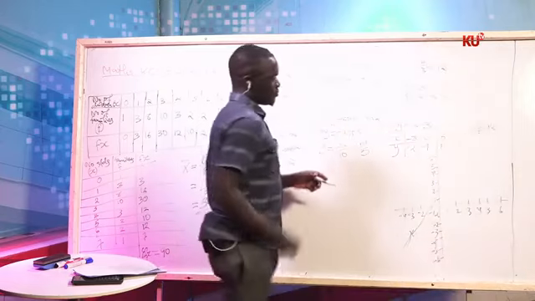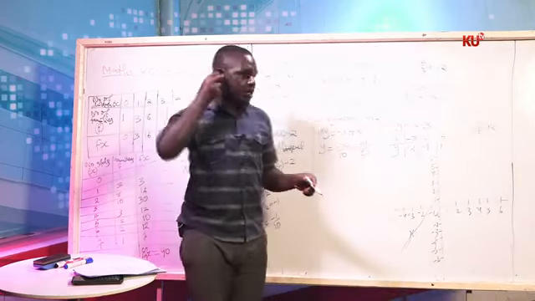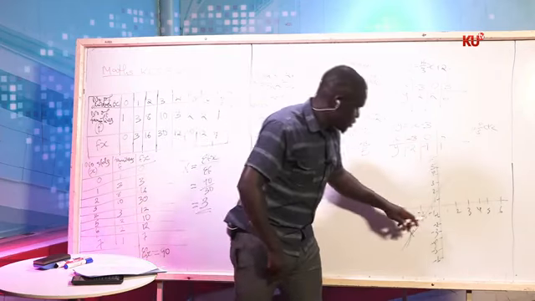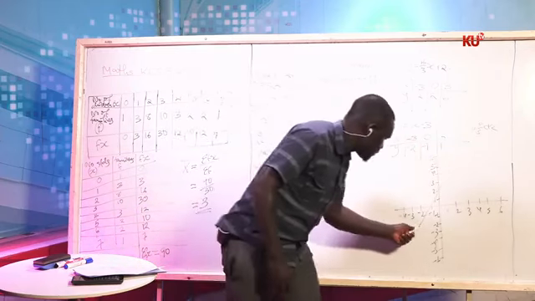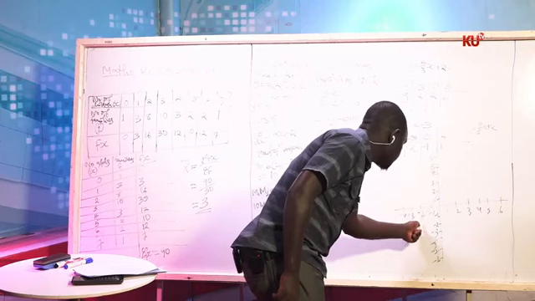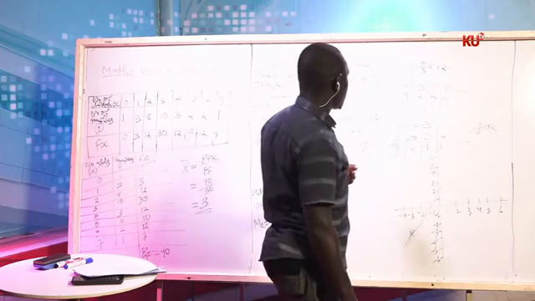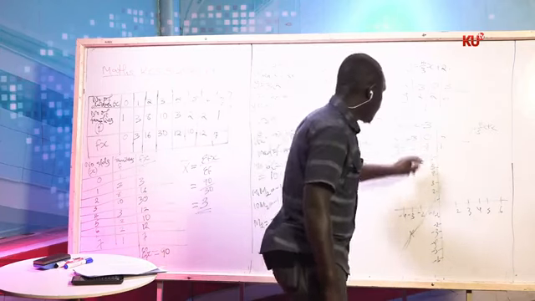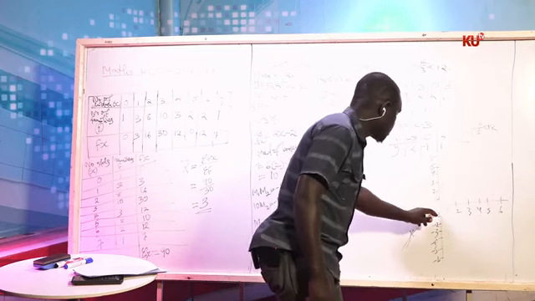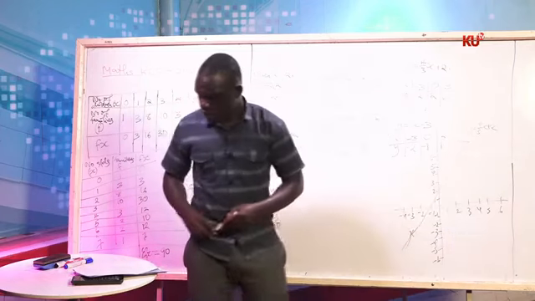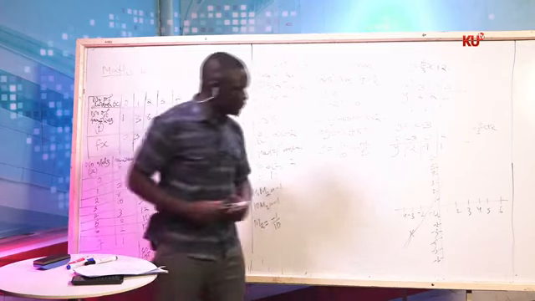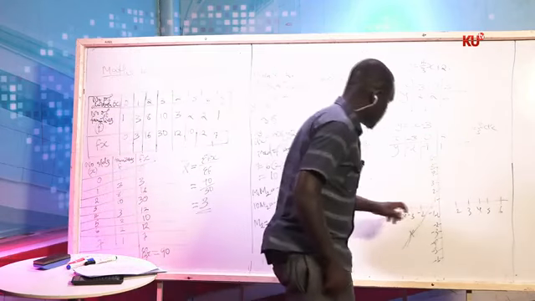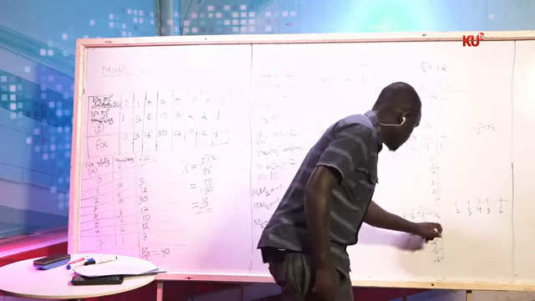Then for this table here, I have negative 3, negative 2. I'm getting it is this point here. Then you also have another point 0, negative 1.